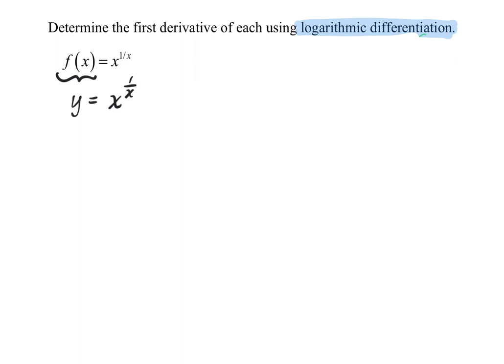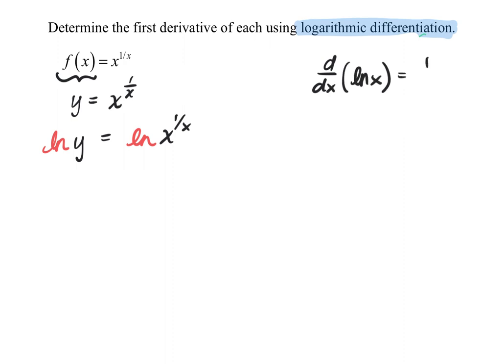And then we're going to take the natural log of both sides. Now you could use any logarithm of any base. I'm choosing natural log because the derivative of natural log is so nice. The derivative of natural log of x is just 1/x, and that's a pretty clean derivative. So that's why it's useful to use the natural log.